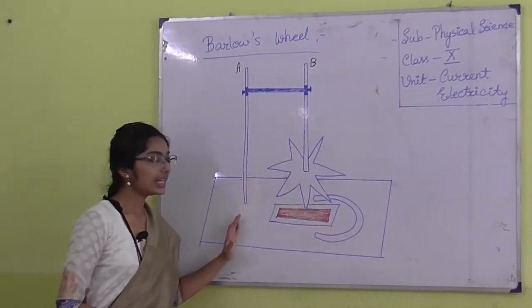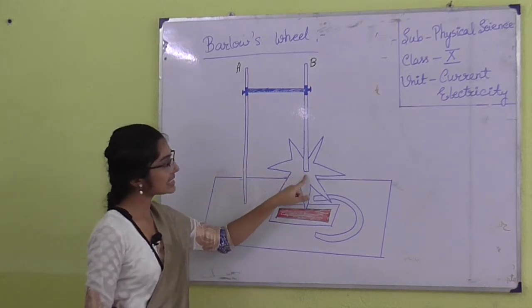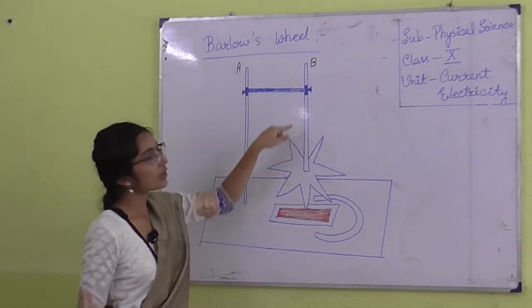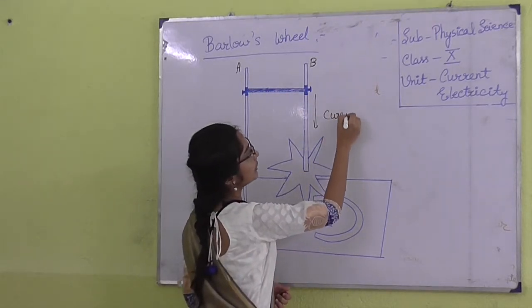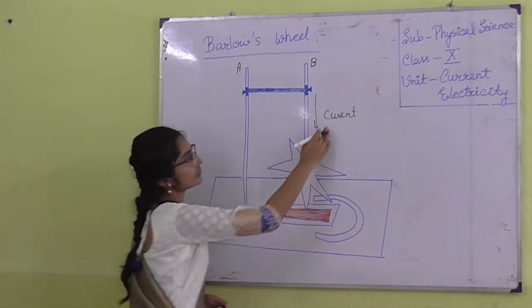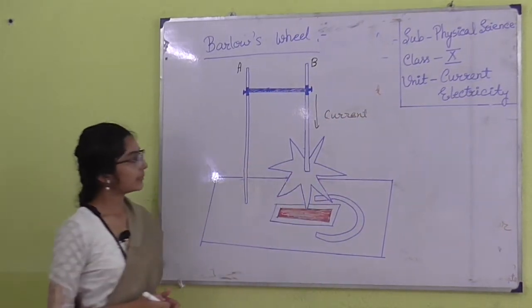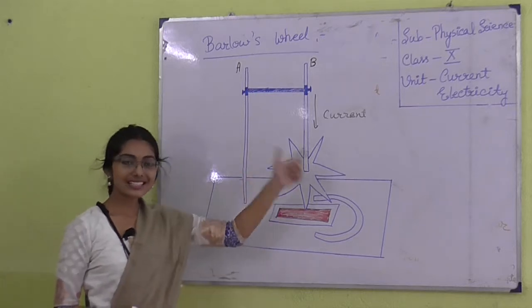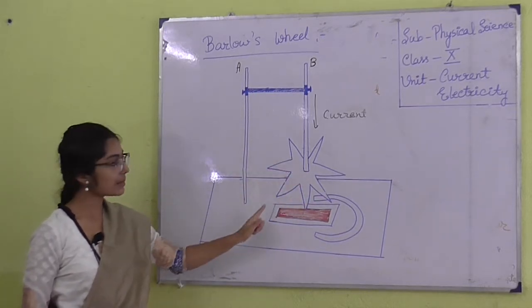Barlow's wheel is an arrangement where a star-shaped wheel is present, and this is the conductor through which the current is flowing. The wheel rotates in such a way that each tooth touches the mercury.